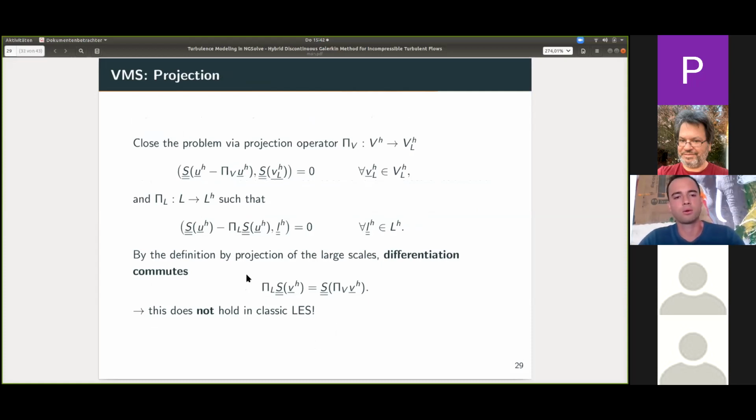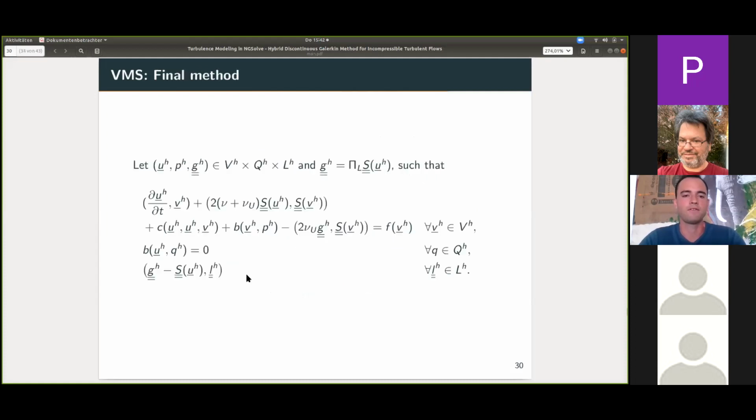What I think is quite an important point is that in classic LES, in the existence of boundaries, this differentiation does not commute. So there is a kind of commutation error, but in VMS, we do not have this error. And then the final method can be obtained. So we have our large scale space and our weak formulation. So here we have the projection.